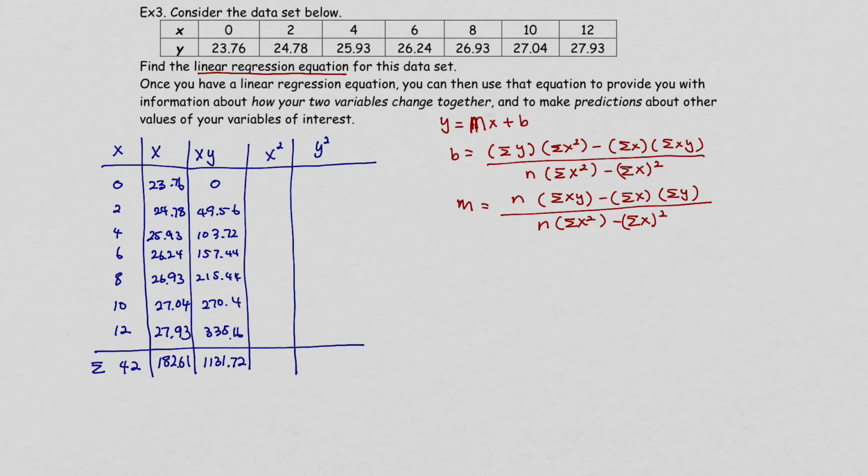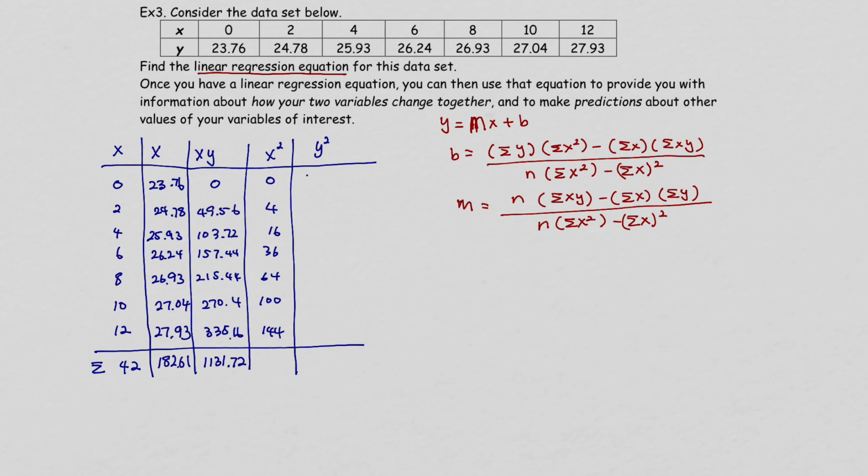1131.72. X squared: 0 squared is 0, 2 squared is 4, 4 squared is 16, 6 squared is 36, 8 squared is 64, 10 squared is 100, 12 squared is 144, right? Y squared, you should be able to use your calculator.